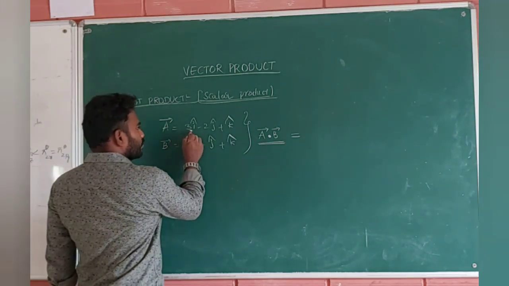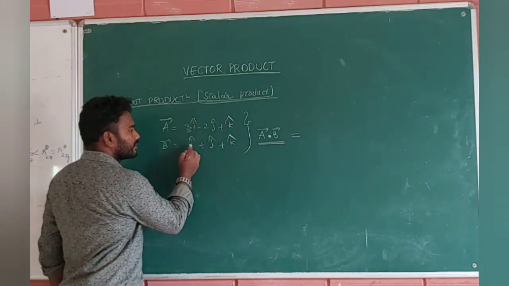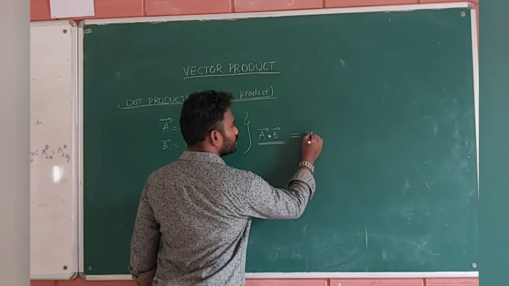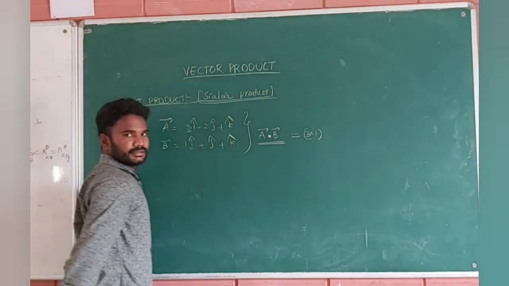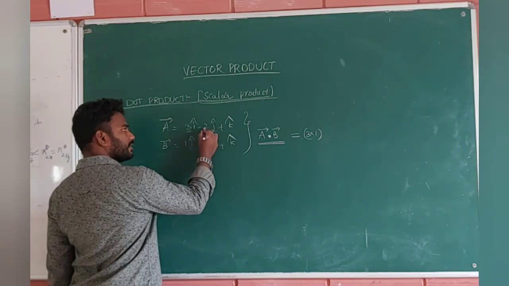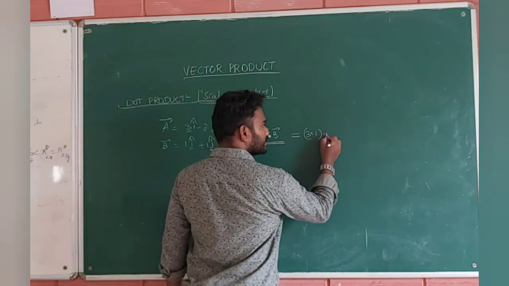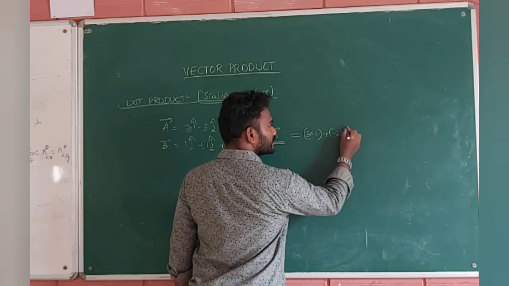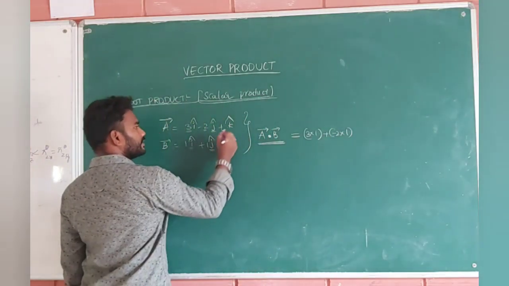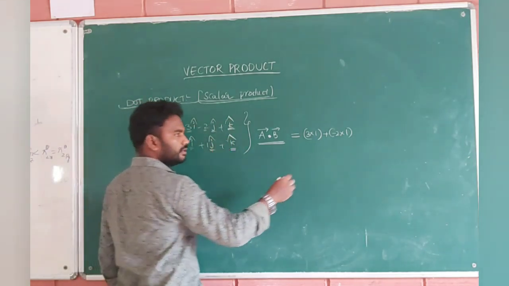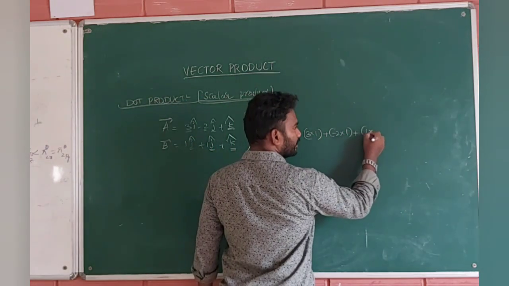Guys, you can see the coefficient of i cap is 3 here, the coefficient of i cap is 1 here. So 3 into 1. The coefficient of j cap here is minus 2, and here plus 1, so plus minus 2 into plus 1. The coefficient of k cap here is 1, and here also 1, so plus 1 into 1.